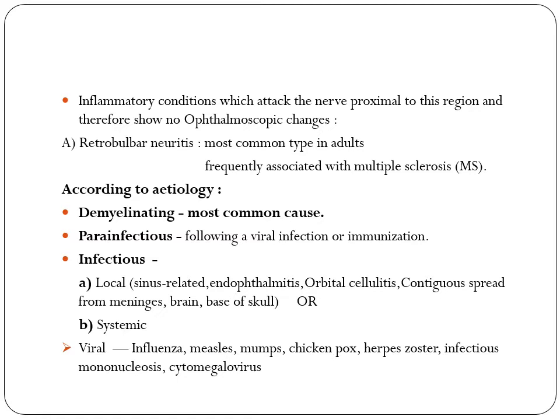So fundoscopically, the disc appears normal. There are no changes of congestion, hyperemia or blurred margins. This is the third type of optic neuritis, known as retrobulbar neuritis. It is the most common type in adults and it is frequently associated with multiple sclerosis.